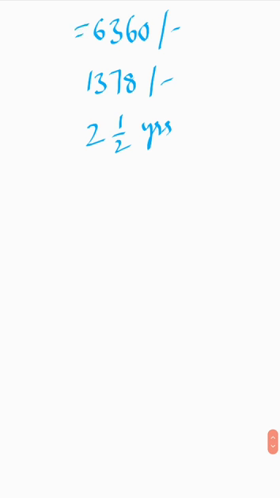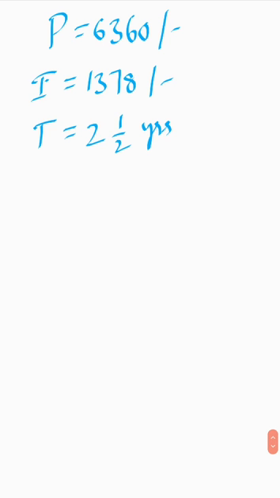In this problem we can easily find all the variables. 6,360 rupees is the loan amount, that is the principal. The time period is 2 years 1 by 2, that means 2.5 years, and the simple interest is also given.